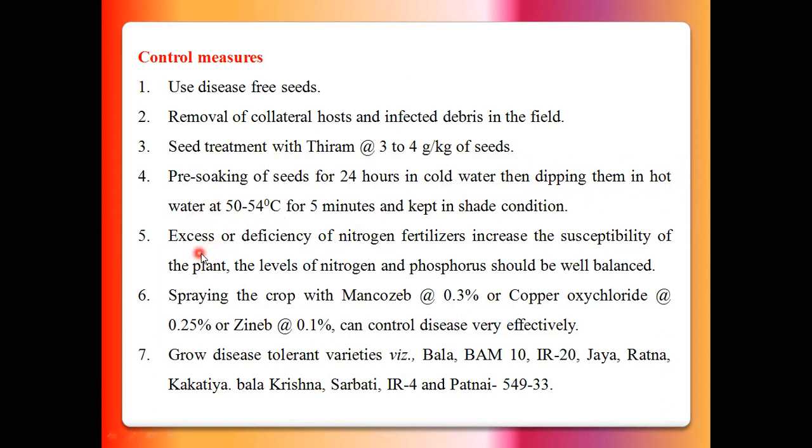Then excess or deficiency of nitrogen fertilizer increases the susceptibility of the plant. So farmers can apply a balanced fertilizer dose of nitrogen, phosphorus, and a somewhat increased dose of potassium. Then spray the crop with mancozeb at the rate of 0.3%, or copper oxychloride at 0.25%, or zineb at 0.1%.